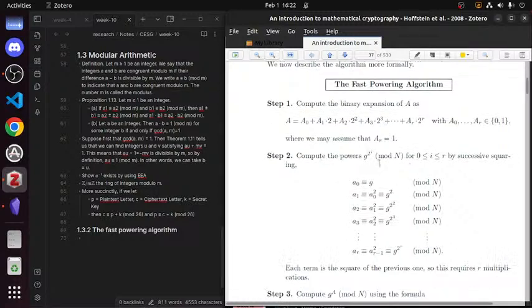Compute the powers g to the 2^i mod n by successive squaring.